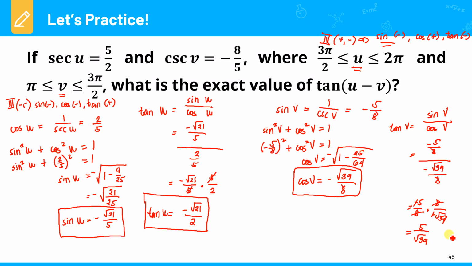We can rationalize the denominator because the denominator has a radical. So we can multiply both numerator and denominator by square root of 39. You have 5 square root of 39 over 39, and this is now our tangent v.